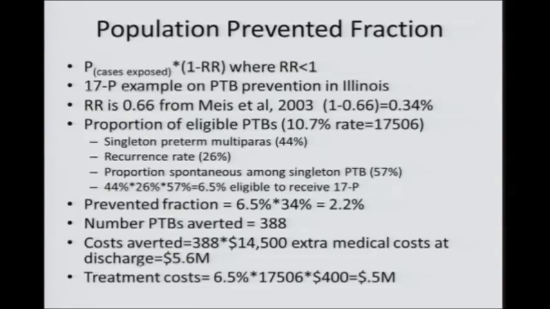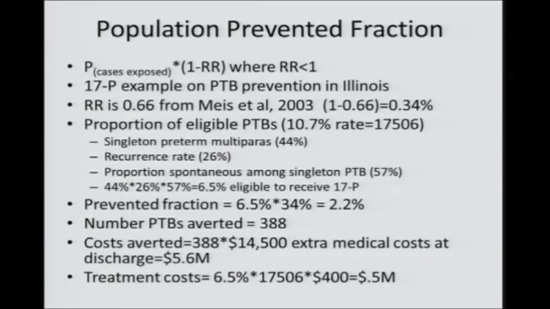I did use vital statistics data for this. But this was the same process I think Joanne Petrini from March of Dimes used to estimate it several years ago. And then the proportion among singleton preterm birth that was spontaneous. That's all that this therapy can do. It's effective for preventing spontaneous preterm birth.